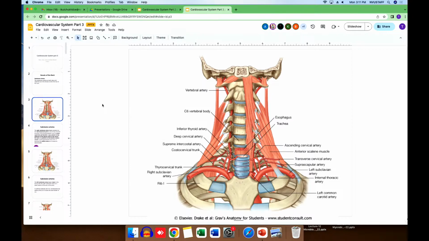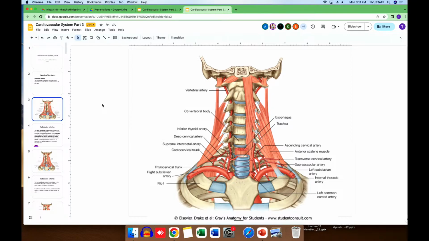The right subclavian artery begins posterior to the sternoclavicular joint as one of two terminal branches of the brachiocephalic trunk, and it arches superior and lateral to pass anterior to the extension of the pleural cavity to the root of the neck, right? And posterior to the anterior scalene muscle.